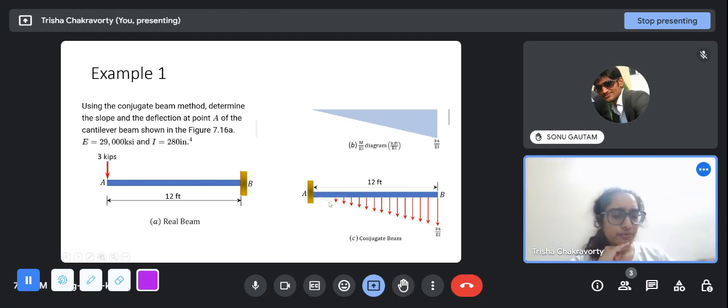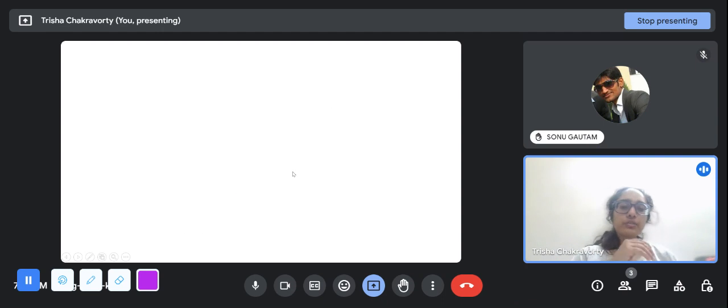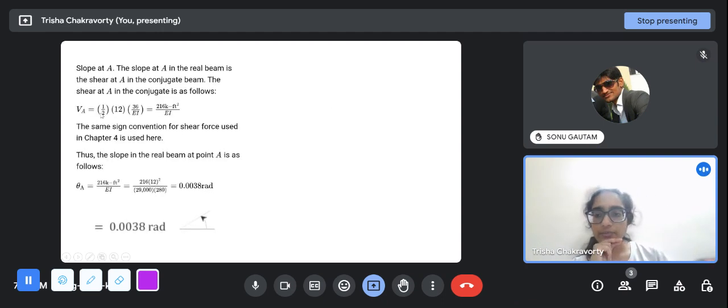That is basically the area of this triangle, half into 12 into 36 by EI, and that is applied downwards. So at the support there will be an upwards reaction. The shear force at A, VA, is half into 12 into 36 by EI, in the upward direction.